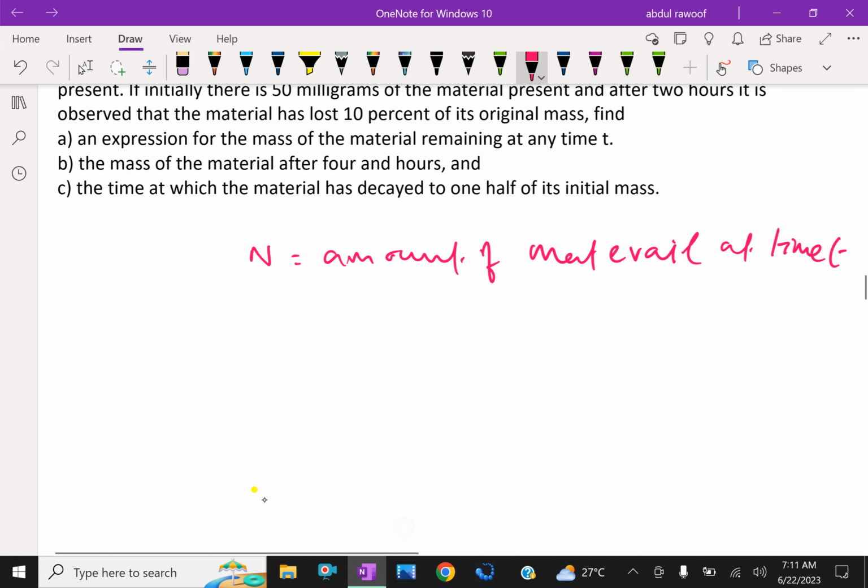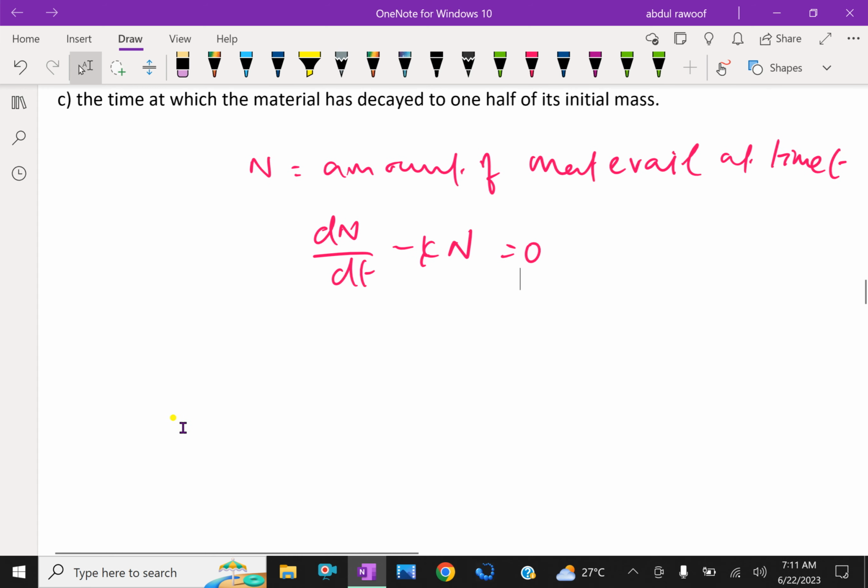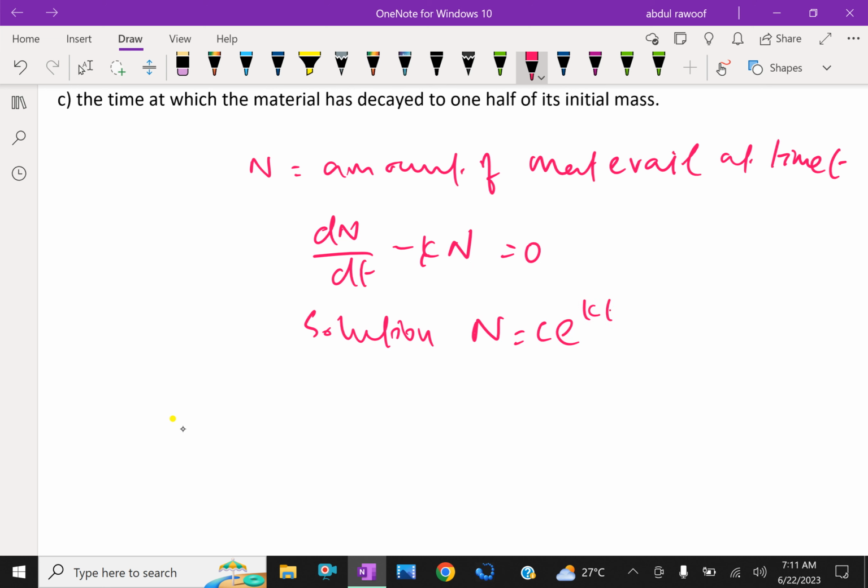Therefore, we have the equation dN by dt minus kN equal 0, a first order differential equation. Now its solution is N equal C e power kt.